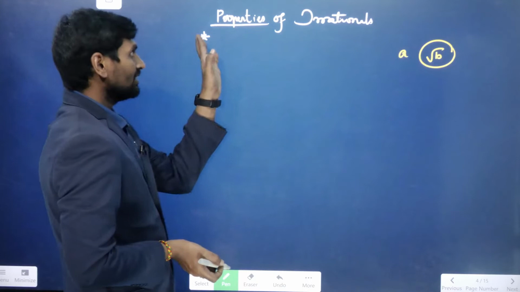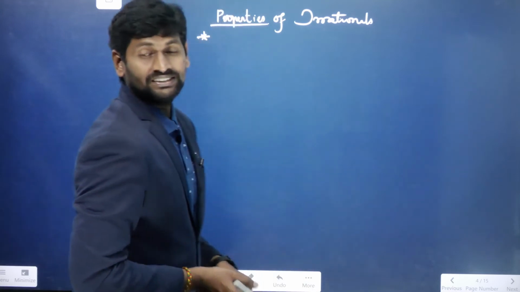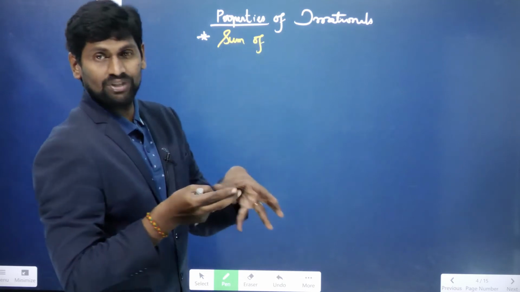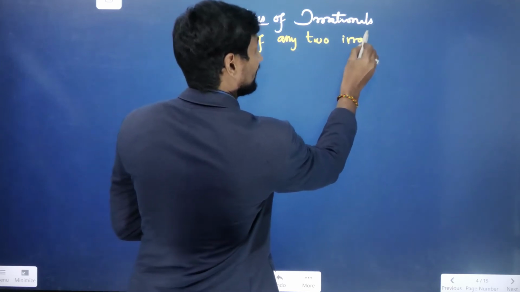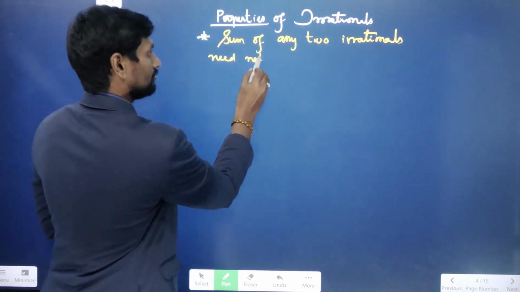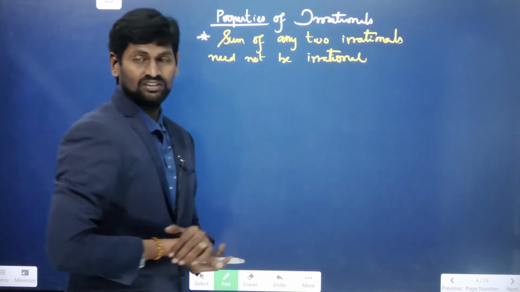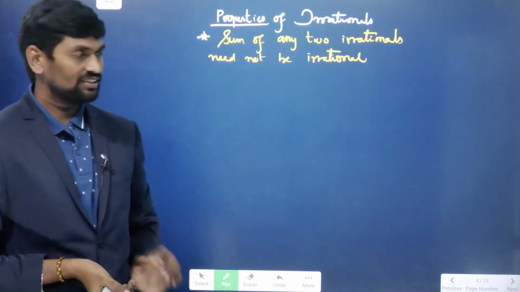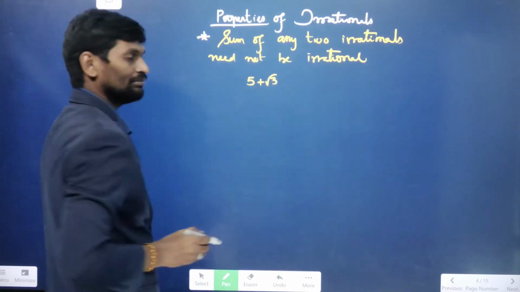Okay, let us go to the properties of irrationals. First property: the sum of any two irrationals need not be irrational. Clear? That means 5 plus root 3 is an irrational number, right?